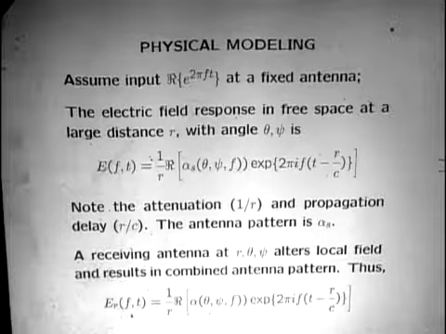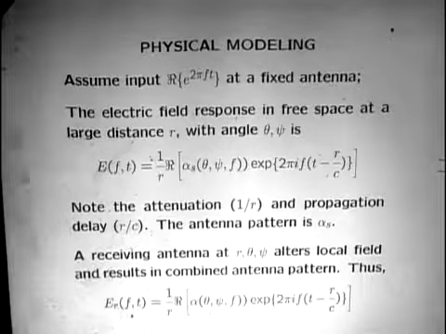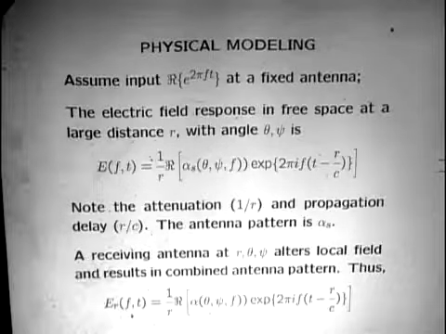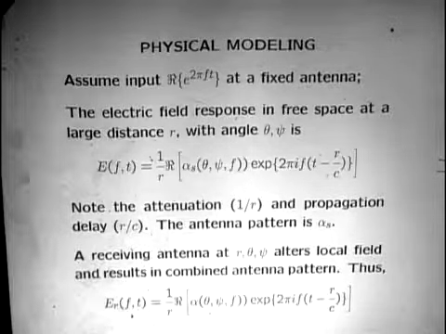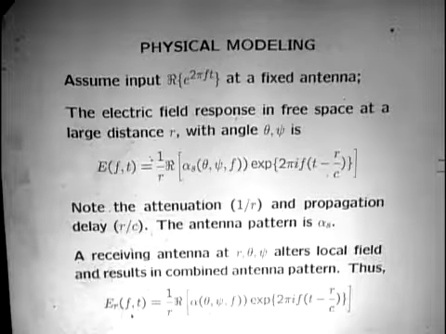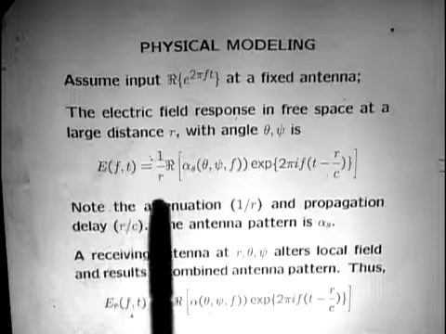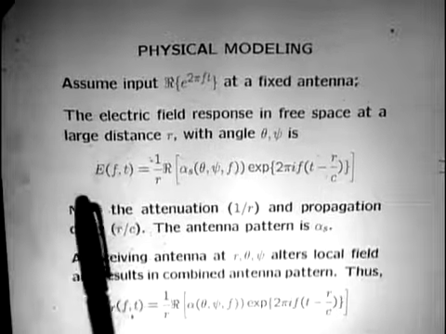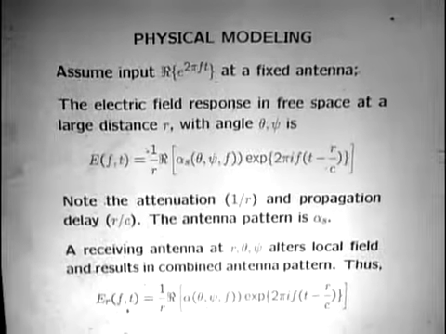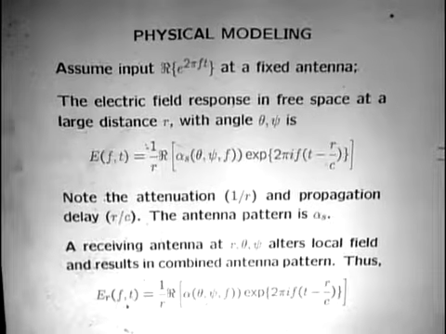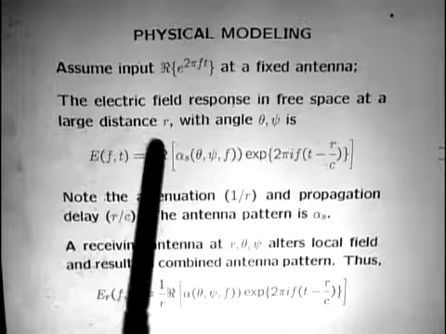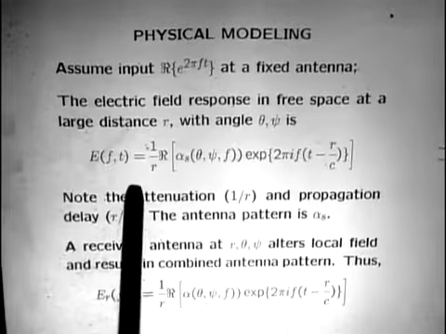When you get very far away, there's something called the far field. All of these disturbances close in just disappear, and very far away the field strength, and this is true for the magnetic field also, which is perpendicular to the electric field, is propagating outwards and going down as 1 over r.